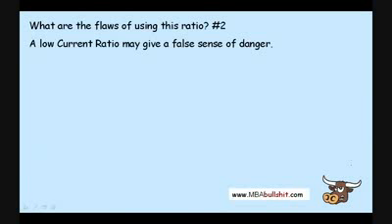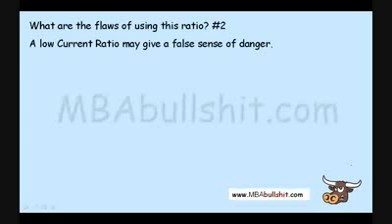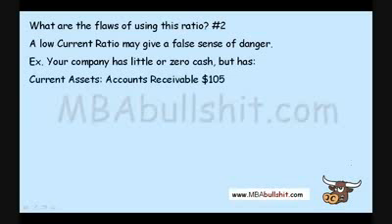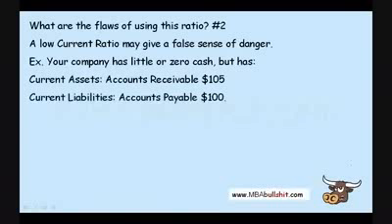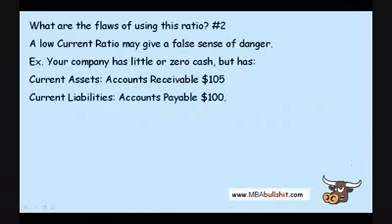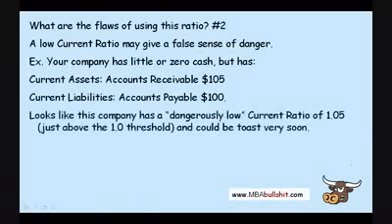A low current ratio, remember, a low current ratio supposedly means that your company is at risk. But a low current ratio may give a false sense of danger. Let's look at an example. Let's say your company has little or zero cash, but has accounts receivable of $105 as your current assets and current liabilities in the form of accounts payable of $100.